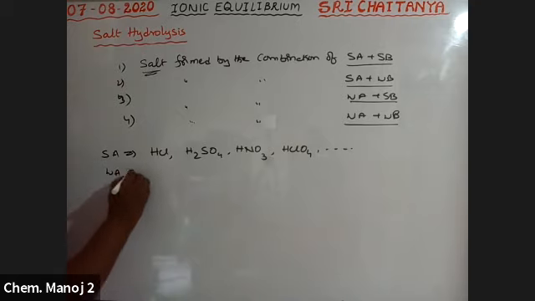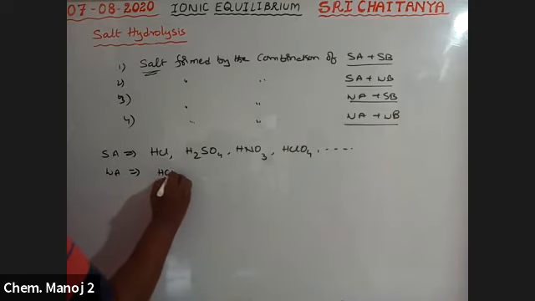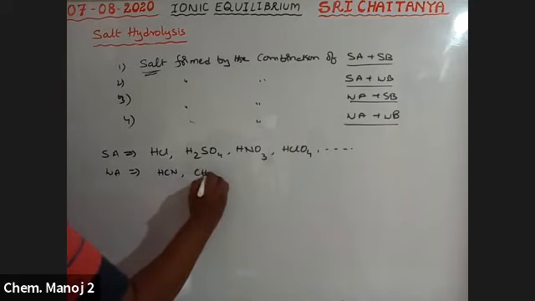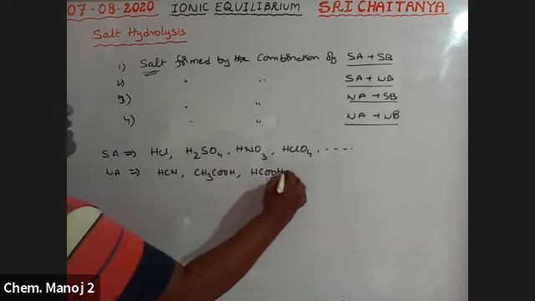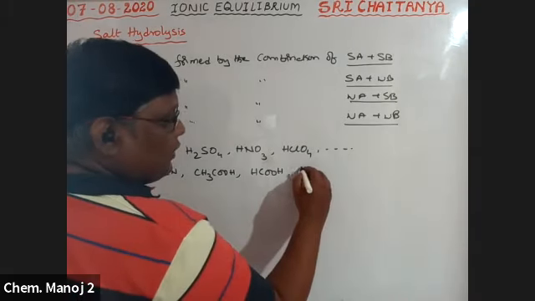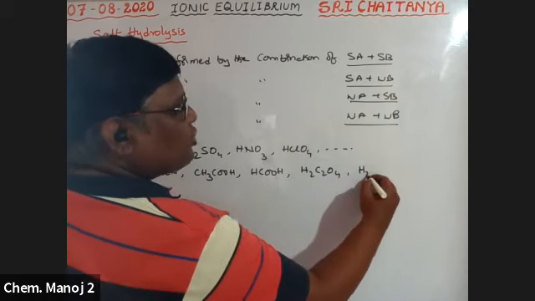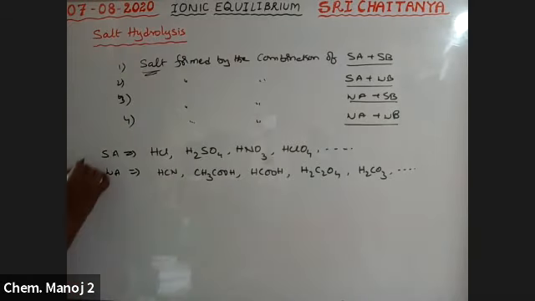Next, weak acids are generally organic acids, and HCN, hydrogen cyanide, is a weak acid. Next, CH3COOH is a weak acid. HCOOH is a weak acid. H2C2O4, oxalic acid, is a weak acid. H2CO3, carbonic acid, is a weak acid. All these are weak acids, boys. So please try to remember. These are strong acids, these are weak acids.